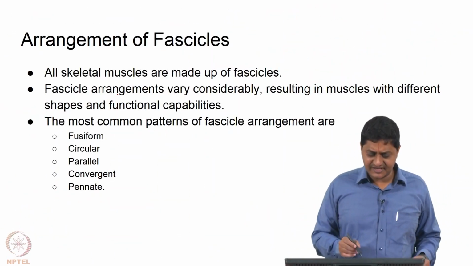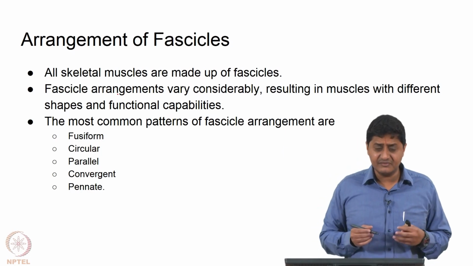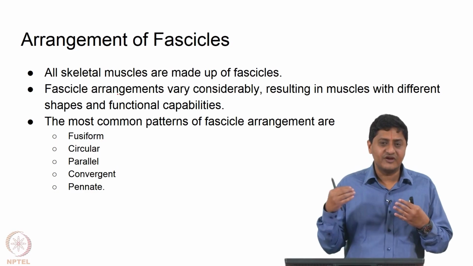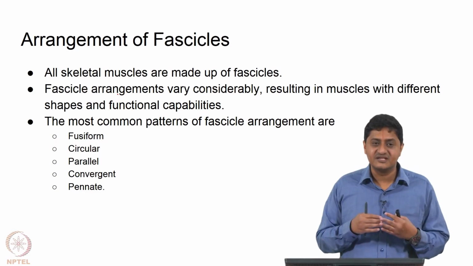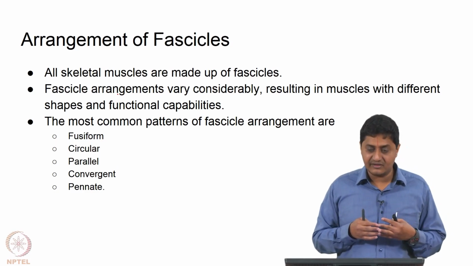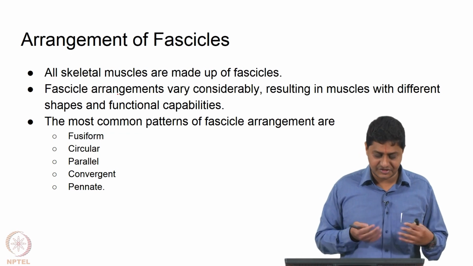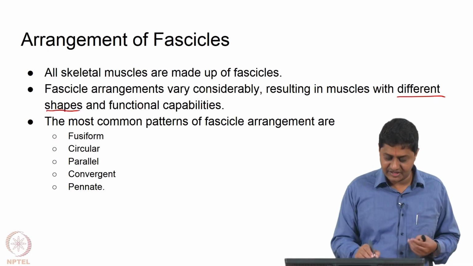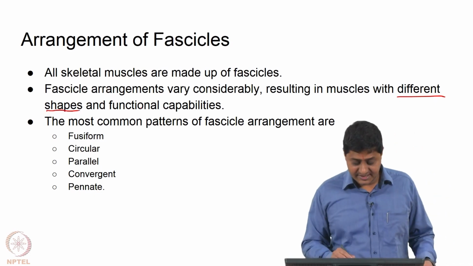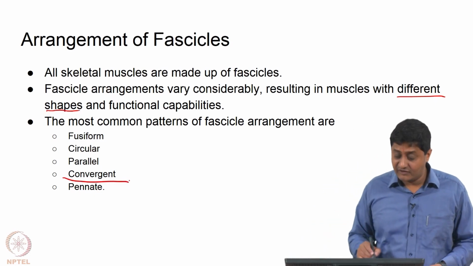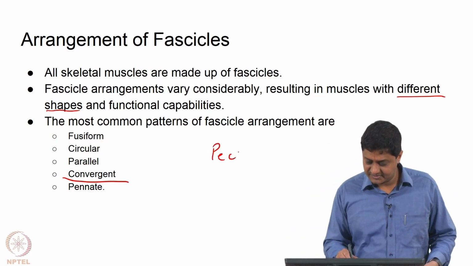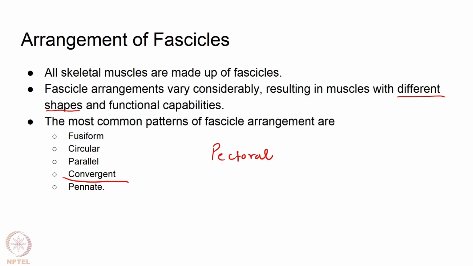Also, we have discussed that fascicle arrangements vary considerably. I mentioned earlier that within a fascicle the fibers are all parallel to each other, but fascicles need not be parallel, which can result in very complicated architecture. So, muscles with very different shapes and functional capabilities are there. A particular case is the convergent muscle. An example is the chest muscle, the pectoralis, shortly called the pec muscle.